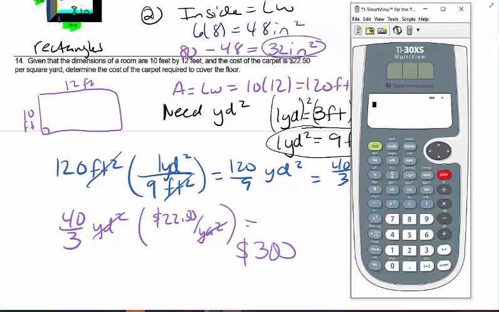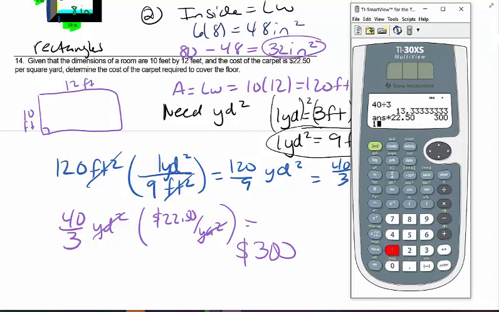Some of you make the mistake by typing 40 divided by 3, put it in your calculator, and you write down 13.33. If I leave this in my calculator and multiply it by the 22.50, I still get my 300.